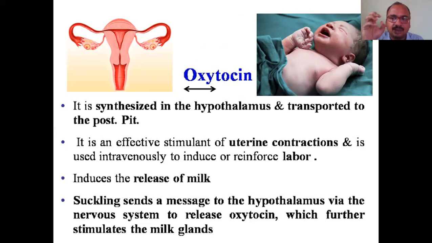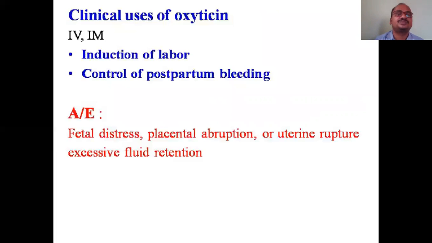Release and production are different. Prolactin, P, production. Release, oxytocin. Next, some of the clinical uses of oxytocin: induction of labor. Labor means not workers here. Labor means delivery or pregnancy cases. Delivery cases are called labor.